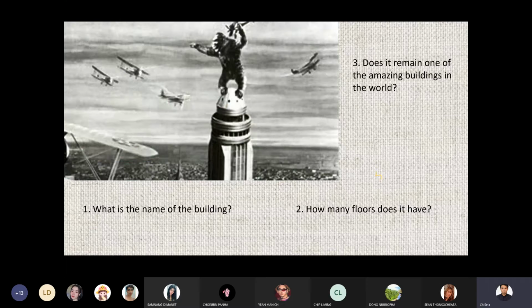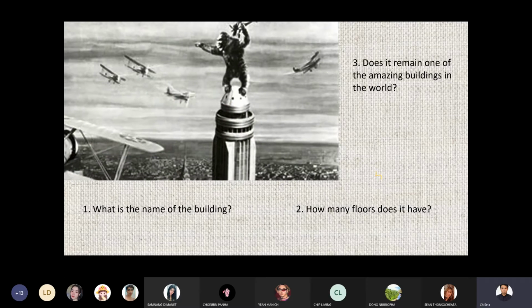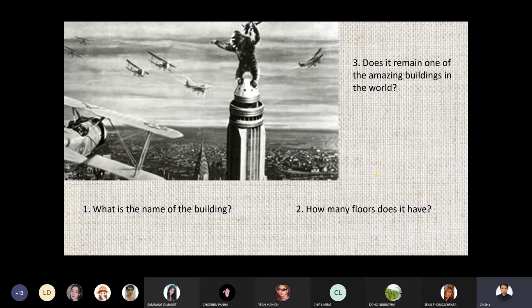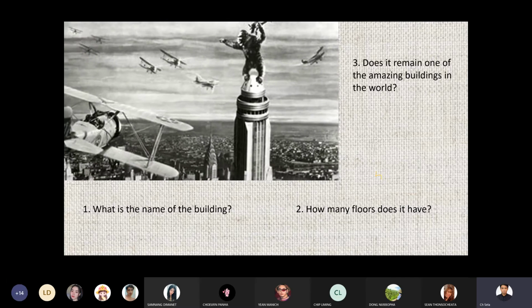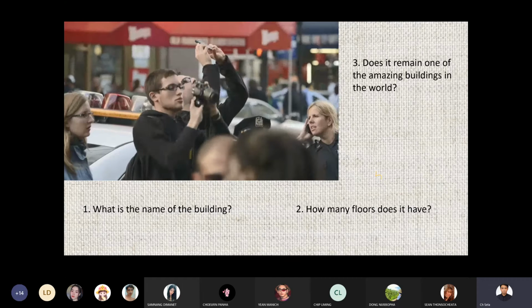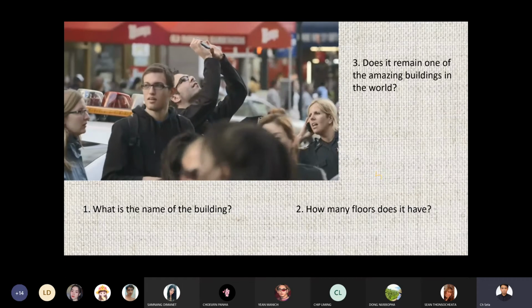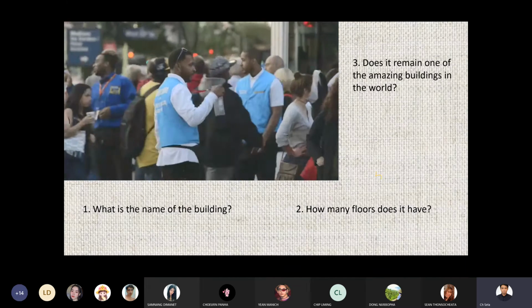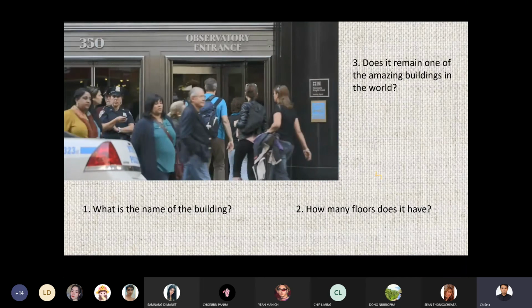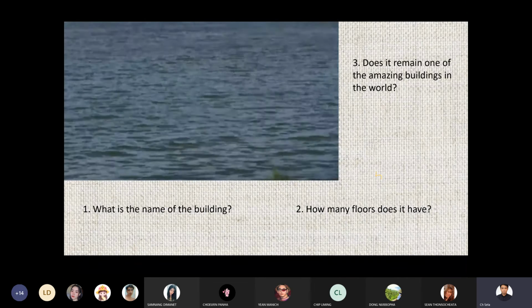In 1933, the building became a worldwide icon. The film King Kong ends with a famous scene on top of the Empire State Building. The building has always attracted tourists, and in 1976, the building welcomed its 50 millionth visitor.